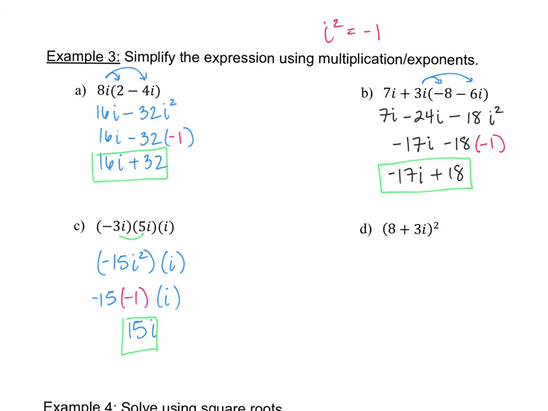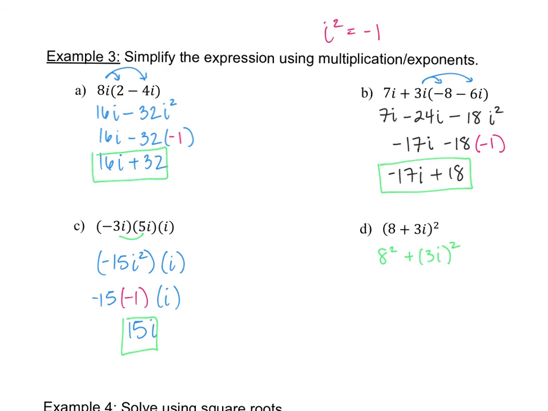Now, in the next problem, this is the one that trips a lot of students up, and I just want to show you the way that some students will do it, and it's not correct. So what a lot of students will do is they'll notice the 2, the exponent, and they'll distribute it in and say that this is 8 squared plus 3i squared. And that's not quite right. And here's why.